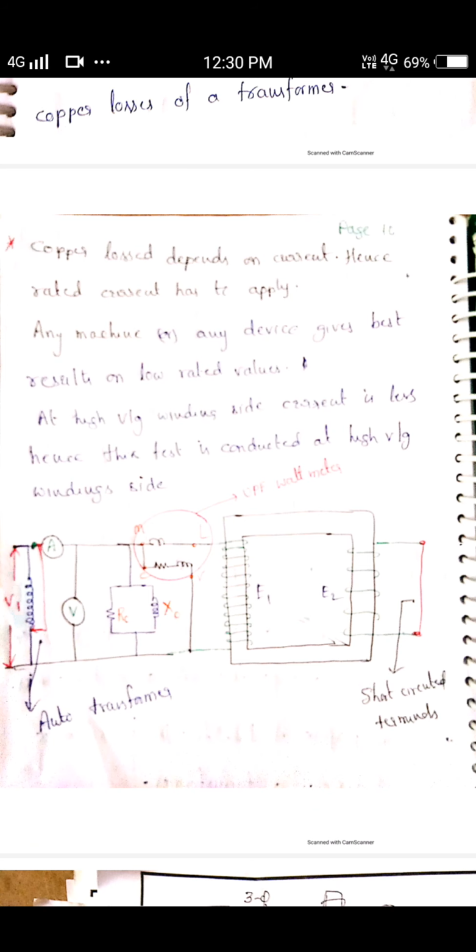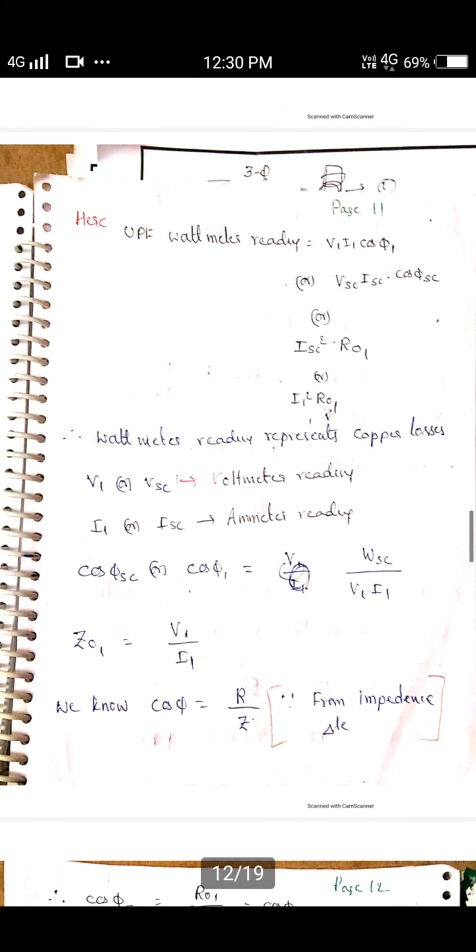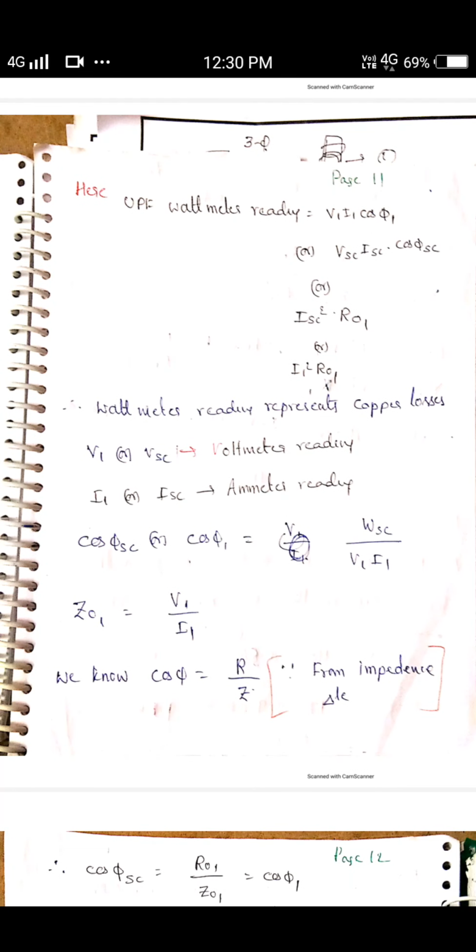Now the wattmeter reading specifies copper losses. The wattmeter reading is defined as V1 I1 cos phi 1, or VSC ISC cos phi SC, or ISC square into R01. Total copper loss from the primary side is I1 square R01, which is also equal to ISC square R01. The wattmeter reading is showing copper losses.